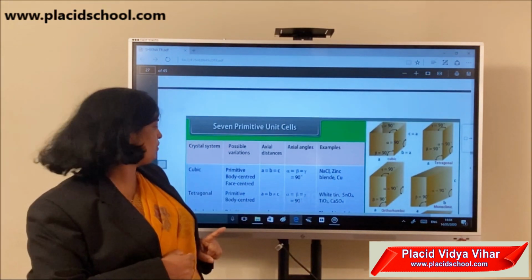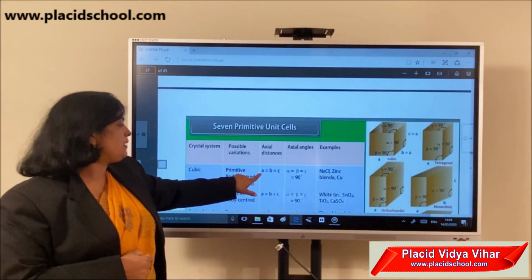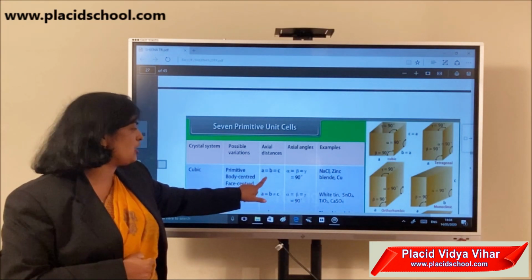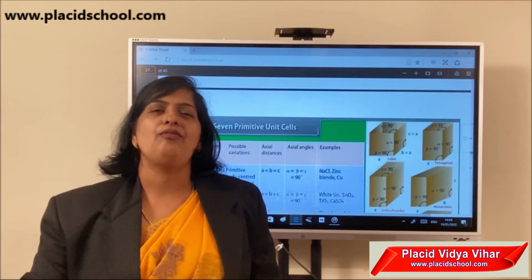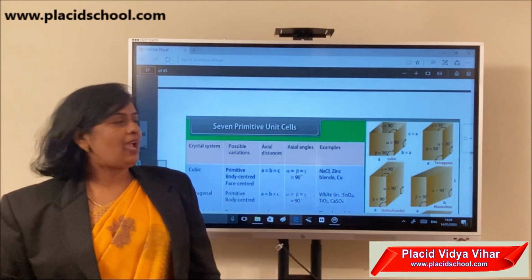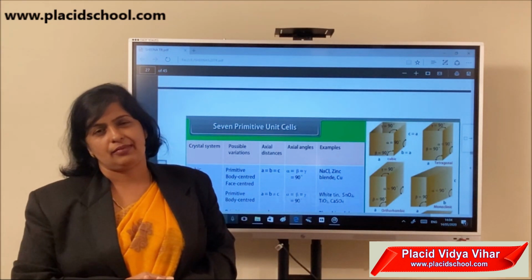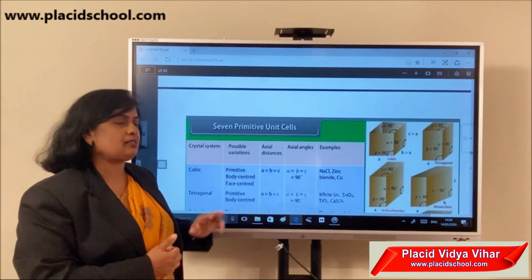In a cubic unit cell, the dimensions or the edge lengths A equal B equal C. That means the length is equal to breadth is equal to height, and the angle between all these is 90 degrees. Such types of crystals are called cubic crystals.